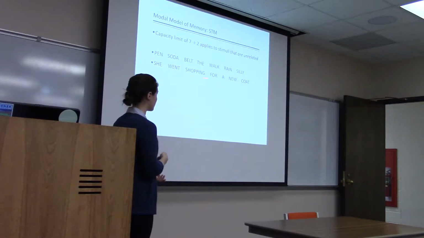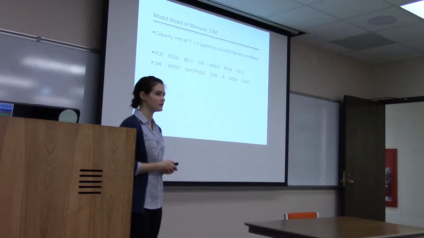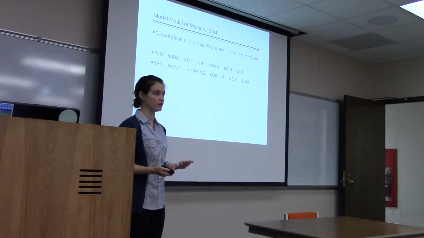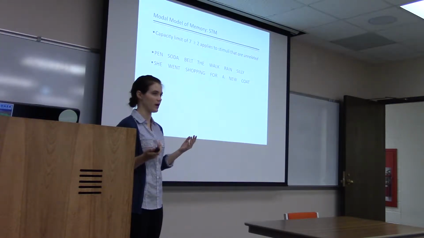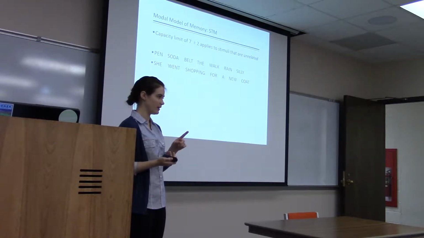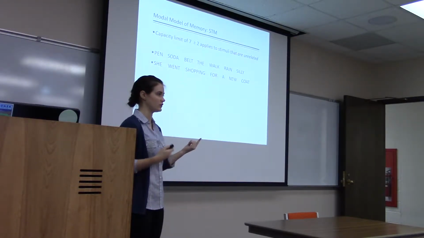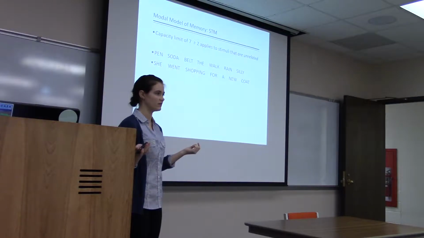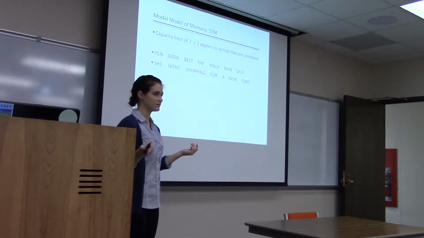It's still 7 different words, but because you apply meaning to those words, those 7 words now become one sentence unit. And one sentence unit is easier to remember than 7 unrelated words. Does that make sense?